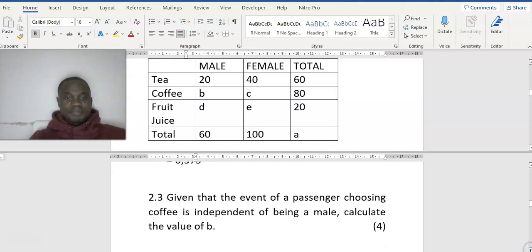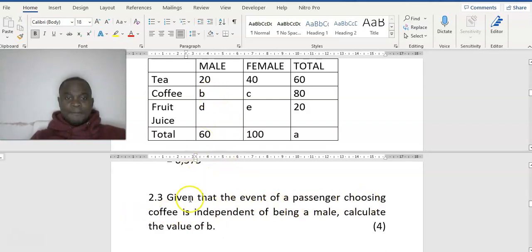Okay, the next question. Given that the event of a passenger choosing coffee is independent of being male, calculate the value of B. Okay, so if they are independent, it means choosing coffee, where is coffee?